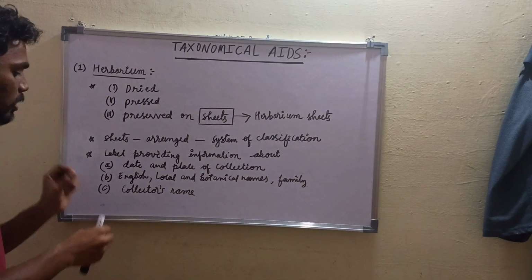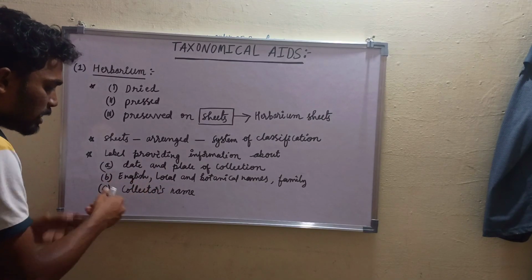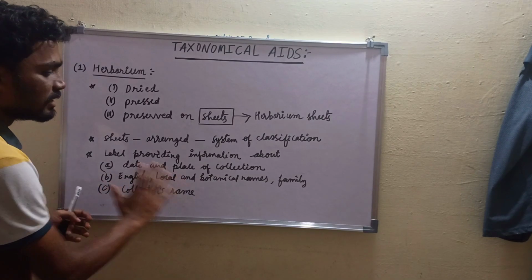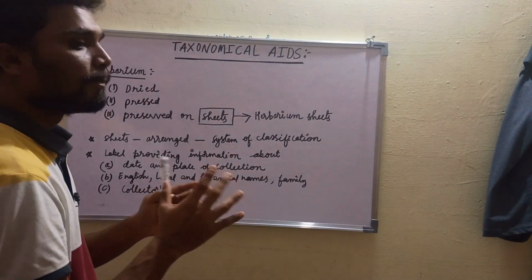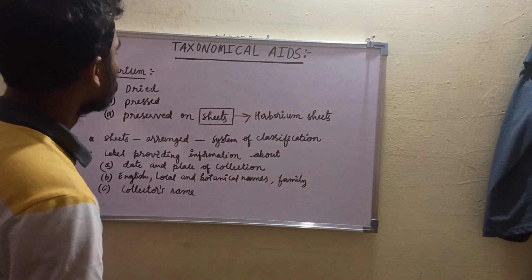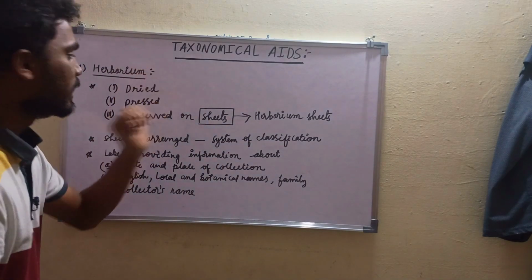And finally, on the herbarium sheet we see the collector's name, who collected this particular species. So this is the overall information about herbarium as a taxonomical aid.